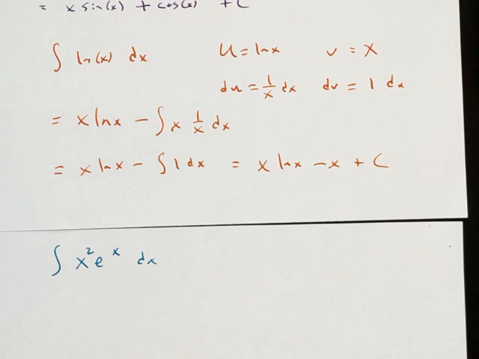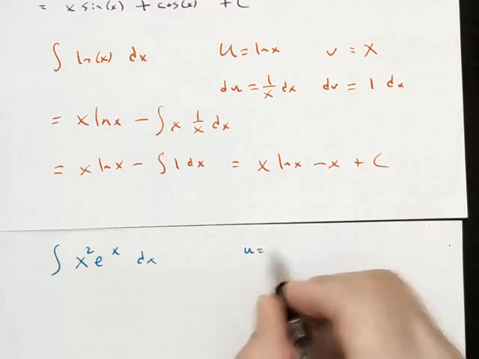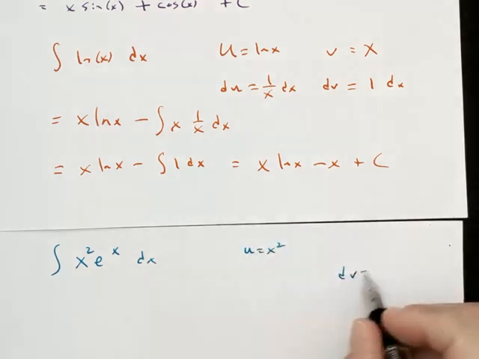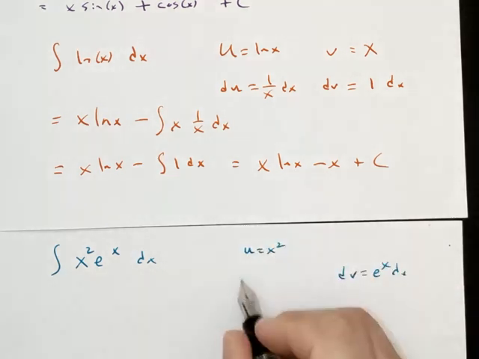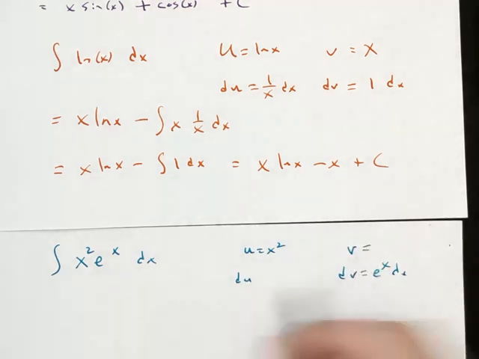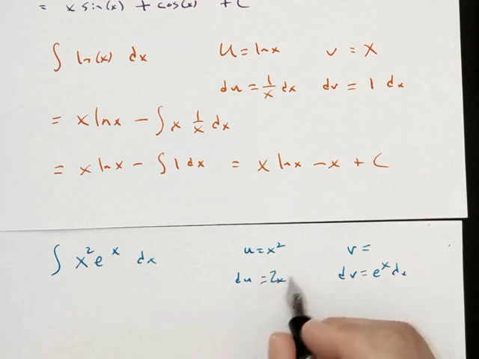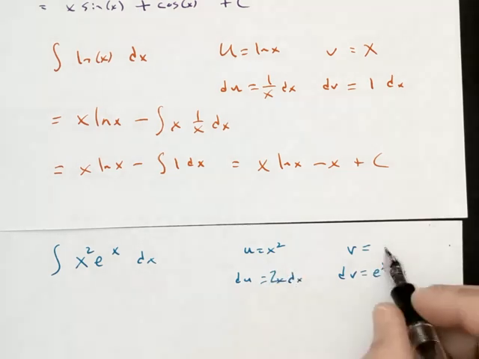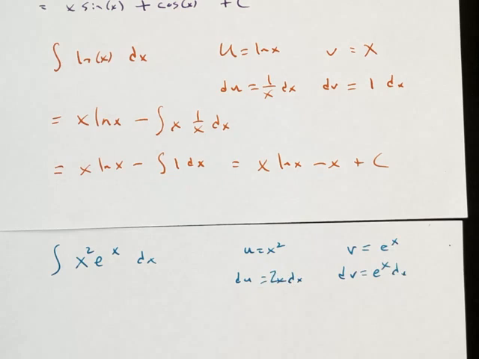I'm going to do exactly the same integration by parts setup we did before. I have a polynomial and an exponential. Polynomial is first in my list before exponentials. That's my u. But that means du is 2x dx, and v is e to the x.